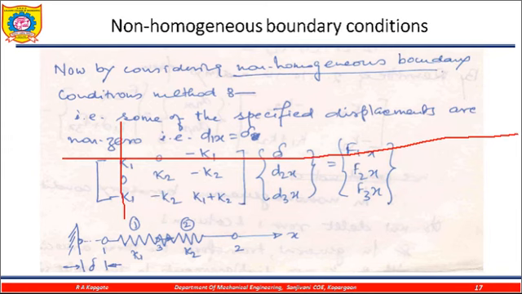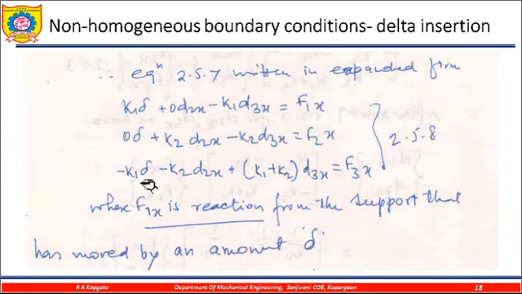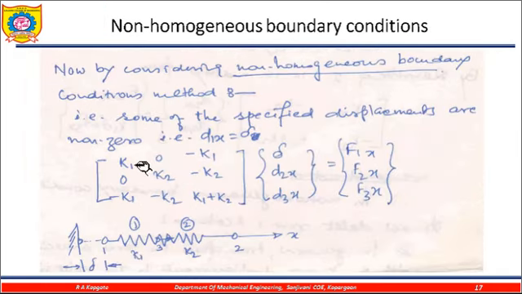Now let us come to this one, that is the k1 delta. Instead of directly cancelling this one, just put the delta here. So k1 into delta, 0 into delta 2x, k3 into delta 2x is equal to f1.